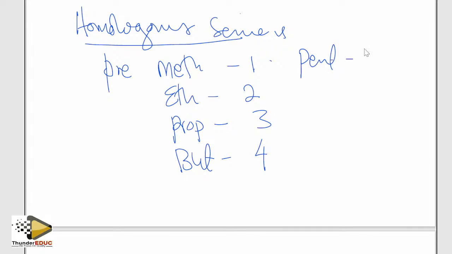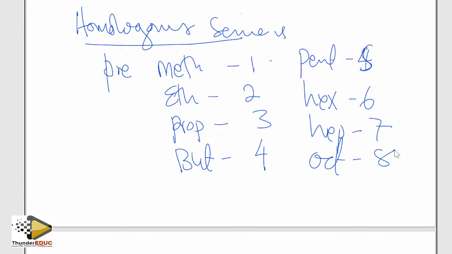Pent means five carbon atoms, hex means six, hept means seven, and oct means eight carbon atoms. Based on our level, those are the carbon atoms you're supposed to deal with. So we call these ones prefixes.